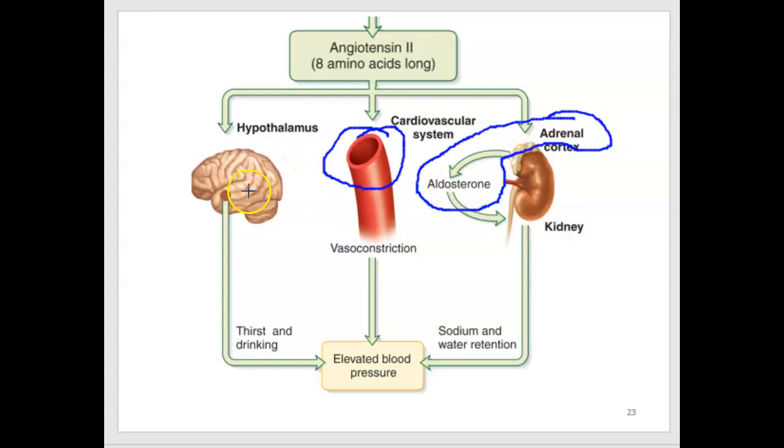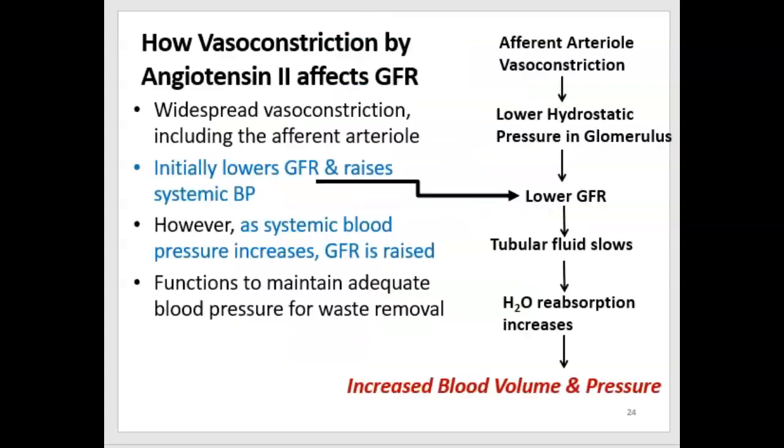It also acts on the hypothalamus to cause thirst, drinking, and on the posterior pituitary to make antidiuretic hormone. So there's just tons and tons of things that angiotensin does to raise blood pressure, but we still get, generally speaking, wastes removed. So this basically is a slide that says everything I just said.